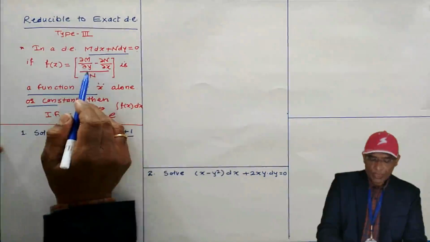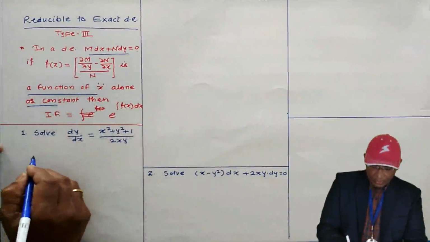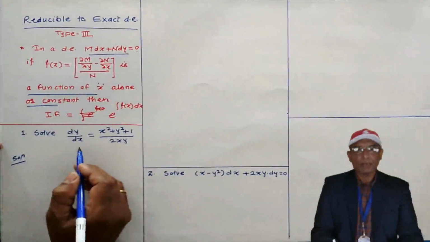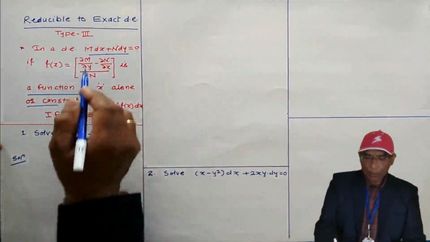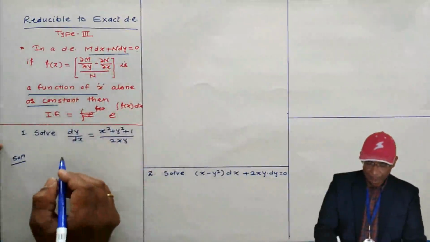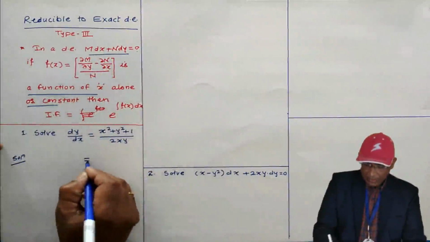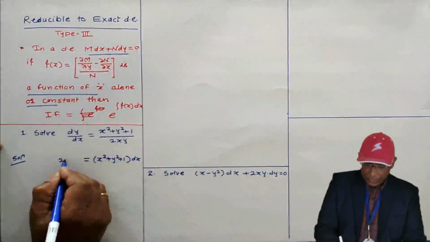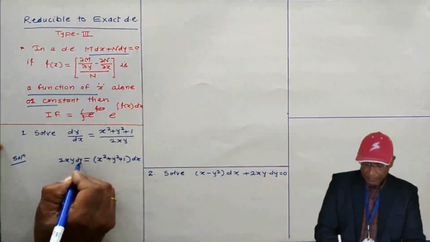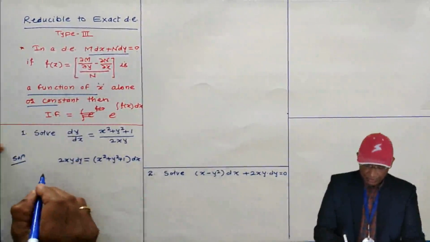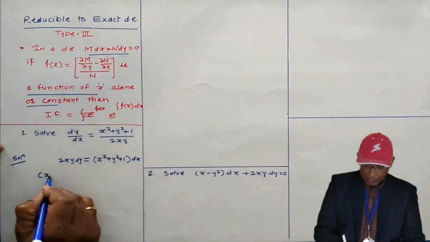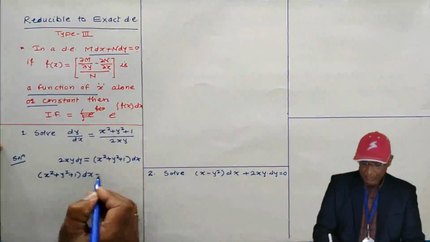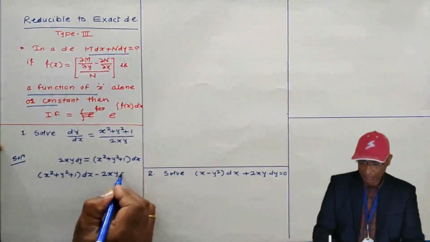Then I am going to check whether f(x) works. First of all, I am going to write the given differential equation in the form M dx + N dy. Doing cross multiplication, 2xy dy, and shifting the dy term to the left hand side, this means (x square plus y square plus 1) dx minus 2xy dy equals 0.